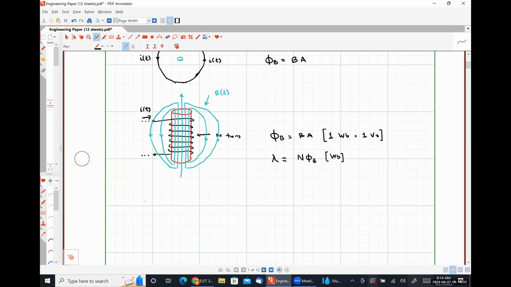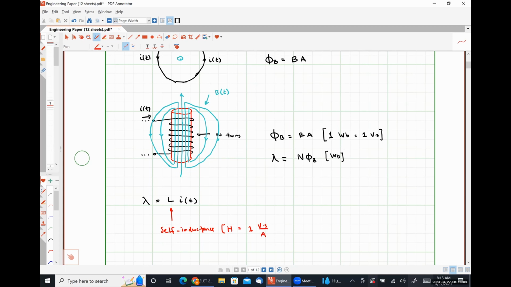So we could say that our flux linkage lambda will be equal to L times I of t, where this L is the self-inductance measured in henries, where 1 Henry is 1 volt second per ampere.